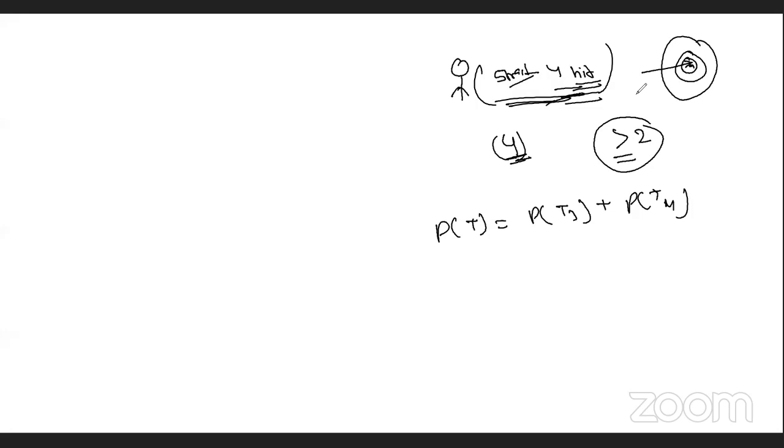Keeping these things in mind, we are supposed to calculate the probability that the person will hit the target 3 times, and the probability that the person will hit the target 4 times, and then based on that I will be able to find the final probability.